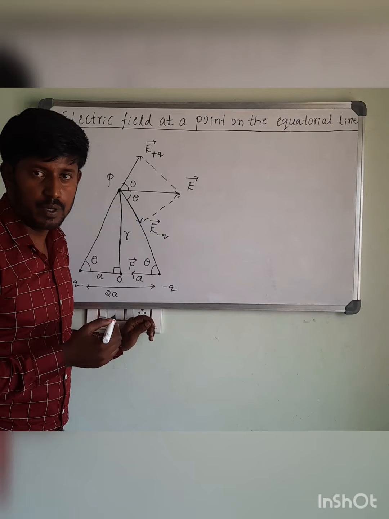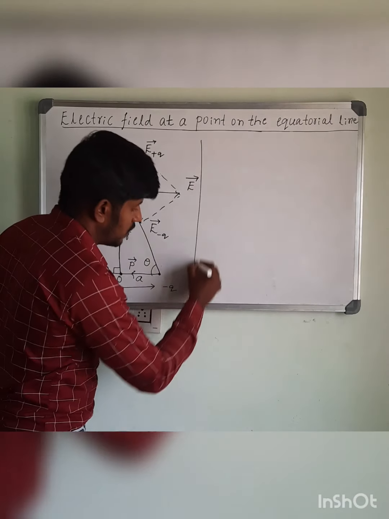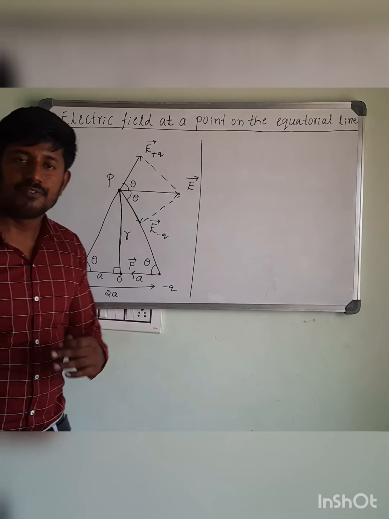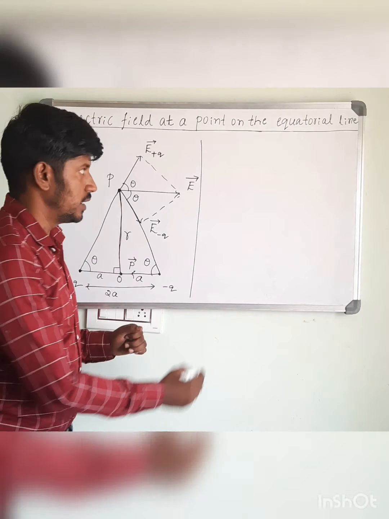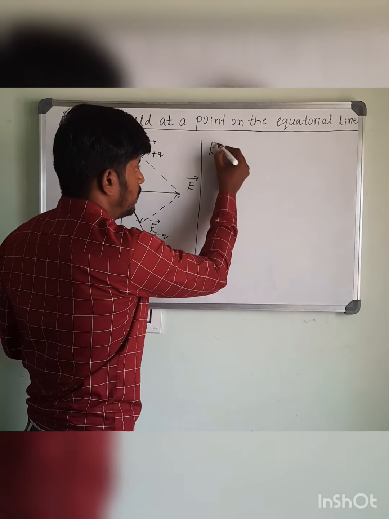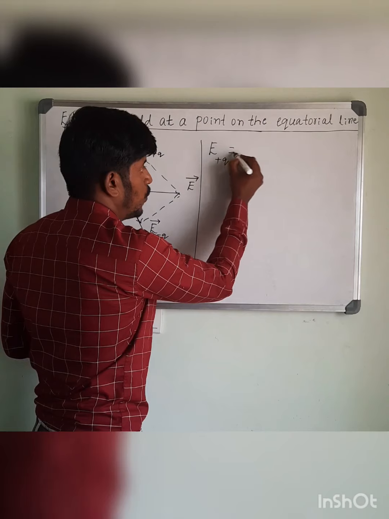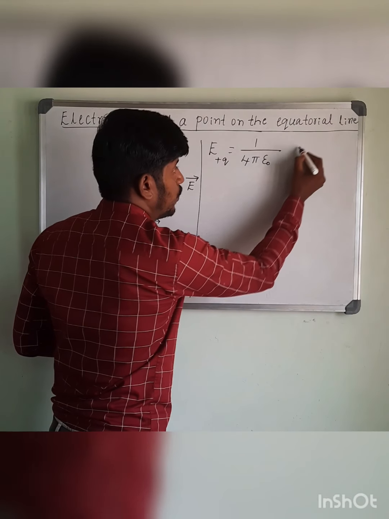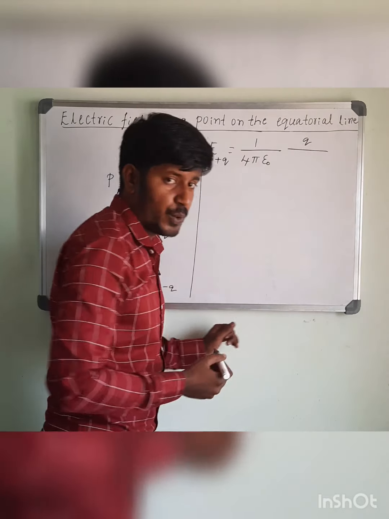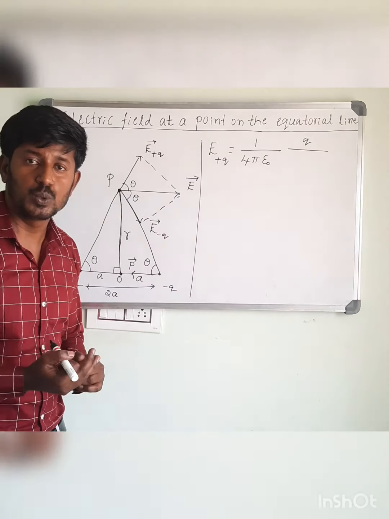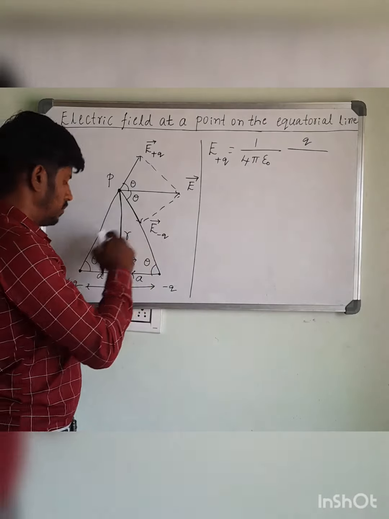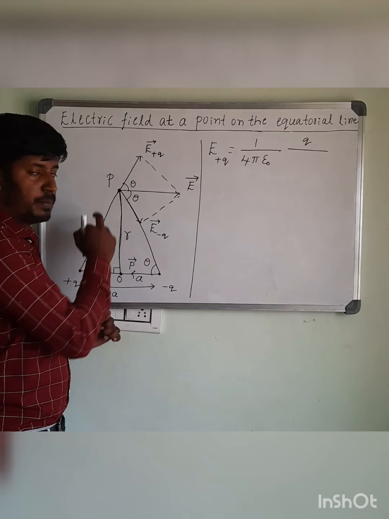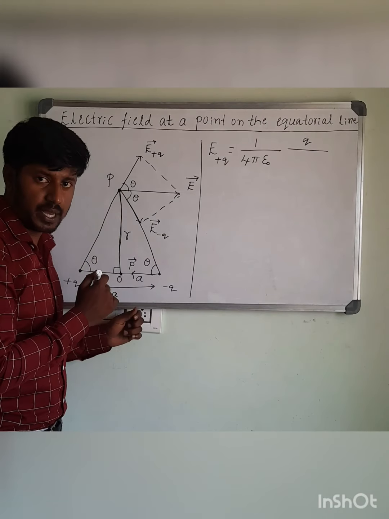Now come to the equations. First, the electric field due to positive charge, that is E plus Q, is equal to 1 divided by 4 pi epsilon naught times charge Q divided by distance square, and that distance we have to consider from positive charge to point P. Okay, this distance we have to take.